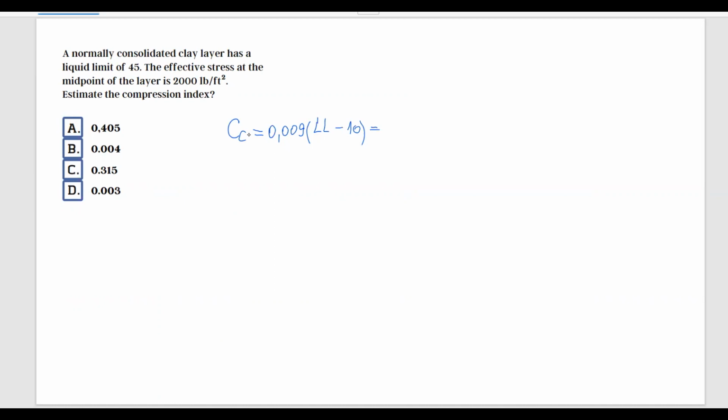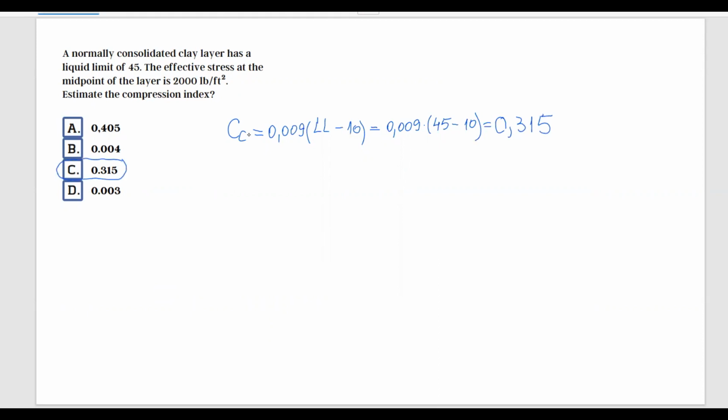This is going to be 0.009 multiplied by 45 minus 10. 45 minus 10 is 35, 0.009 multiplied by 35, and I am getting 0.315. And C is our correct answer.